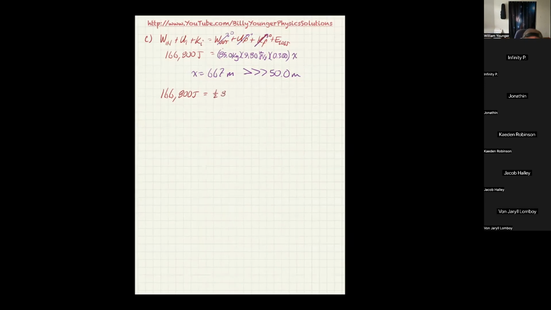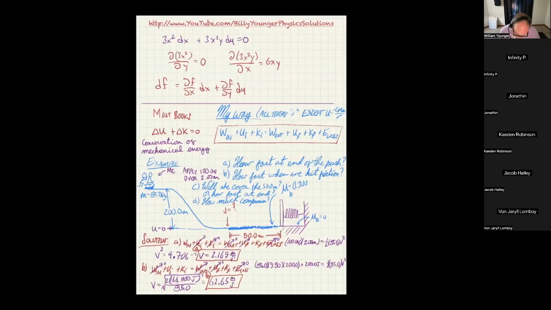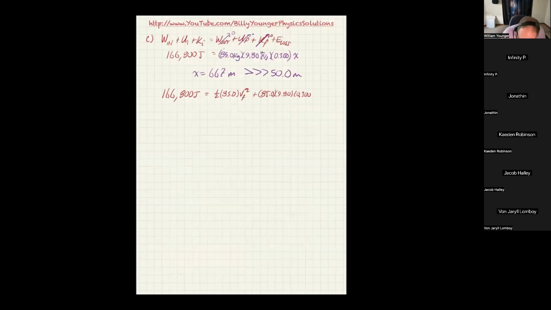So that's going to be 1/2 85.0 times v squared, which is what I want to know, plus, in this case, it'd be 85.0 times 9.80 times 0.300. I think that's what I used for my friction, right? Yeah, 0.300. And then times 50.0 meters.